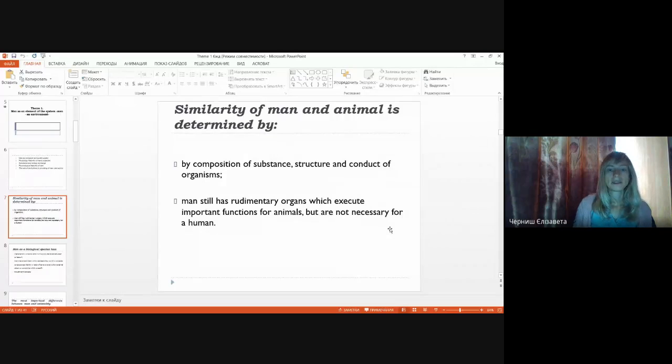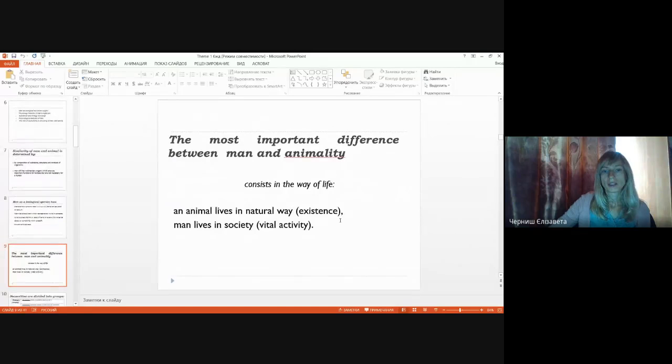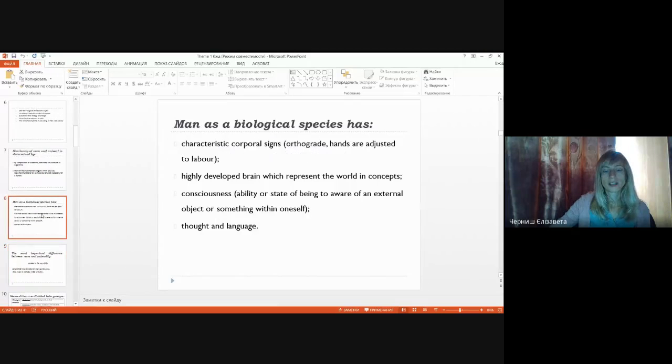But unlike other species, man has a characteristic of corporal cells and a highly developed brain. Yes, it is very important. The consequences are the ability to be aware of external objects, and language.